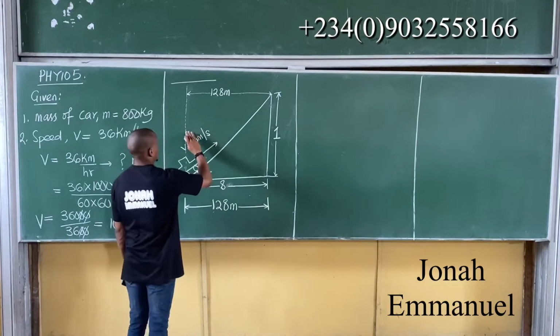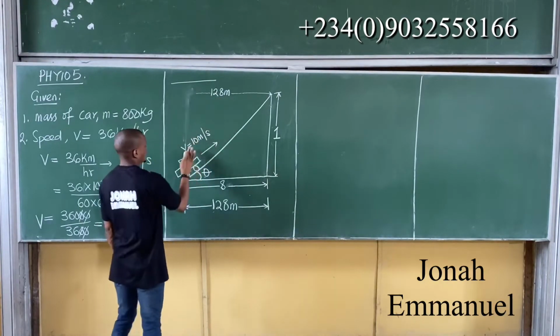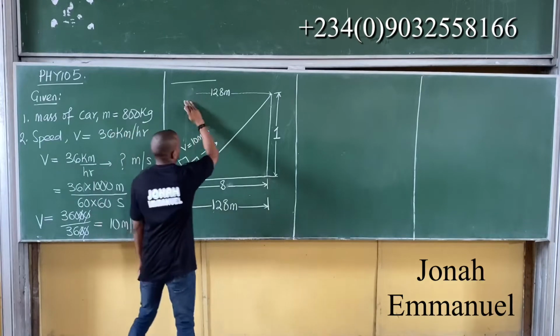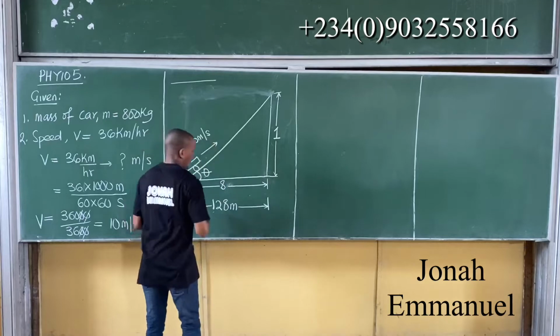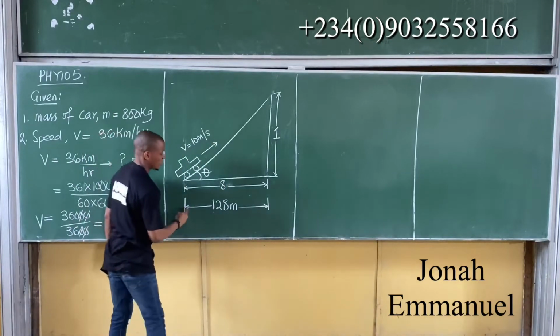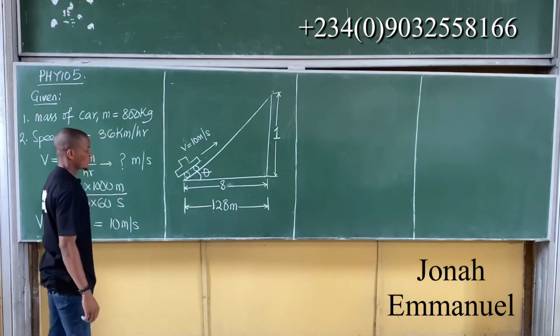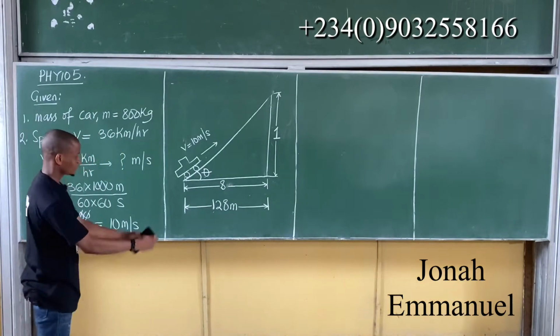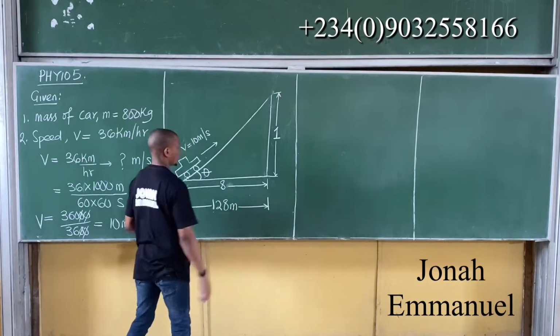Alright, so we can ignore this one for now. Just to make the diagram much more appreciable, I will take off this one here. So we are here. This becomes the actual value of my distance from this point up to this point.